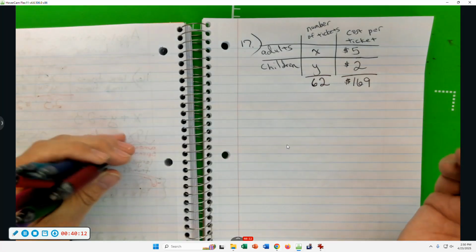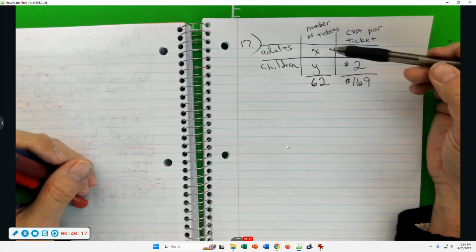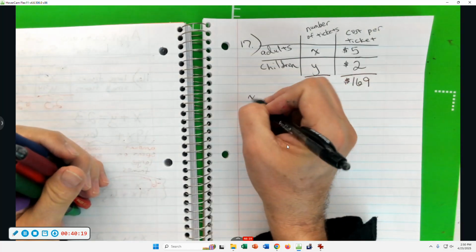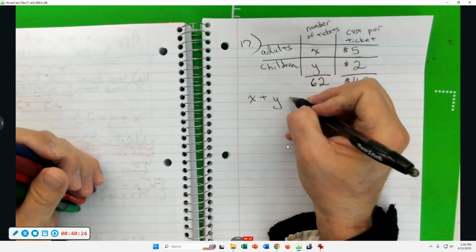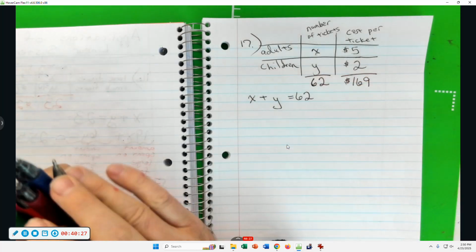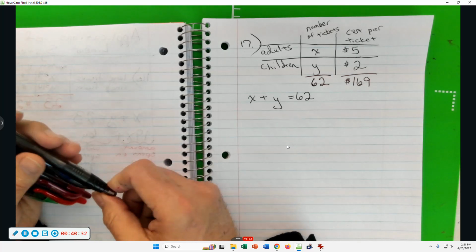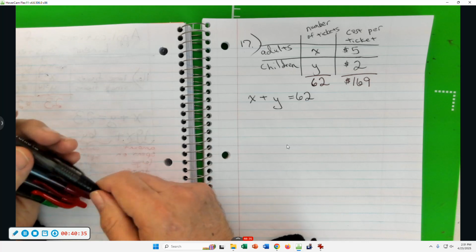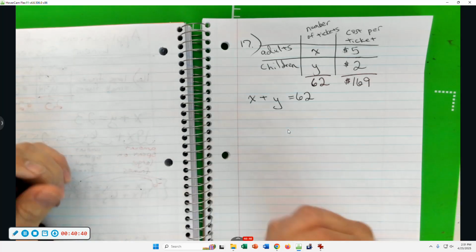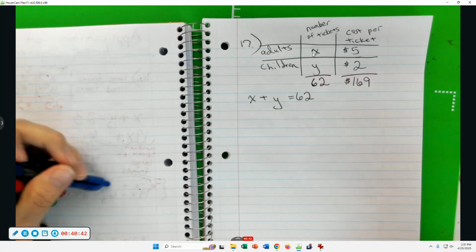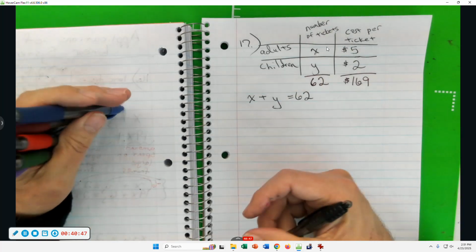And I see my two unique equations falling out from how I summarize this information. Take the number of adult tickets plus the number of children tickets. That'll give us the 62 tickets that we needed. What about my cost quantity equation? How much money did they spend on the X adult tickets? How much money did they get, not spend? Yeah, well, the adults spent it, but how much did the theater get from the X adult tickets?